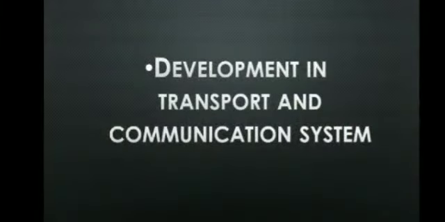Development in transport and communication system. Britishers developed facilities of transport in India for business purpose. In 1853, the railway ran between Mumbai and Thane. In same year, they started telegraph system.